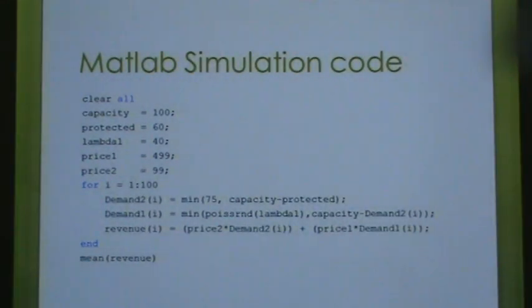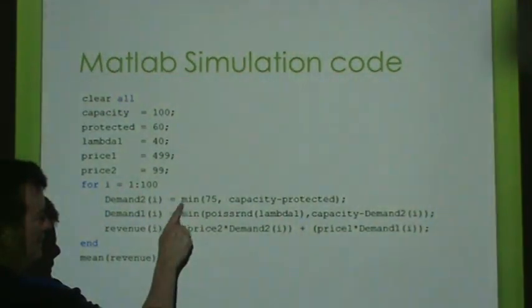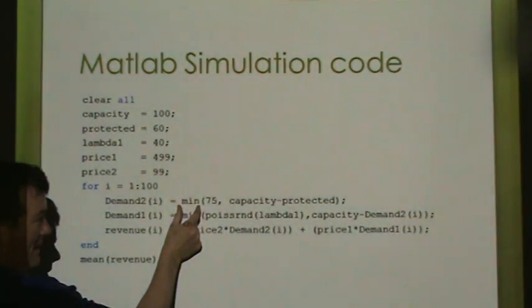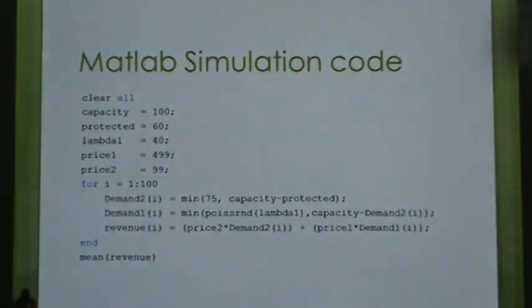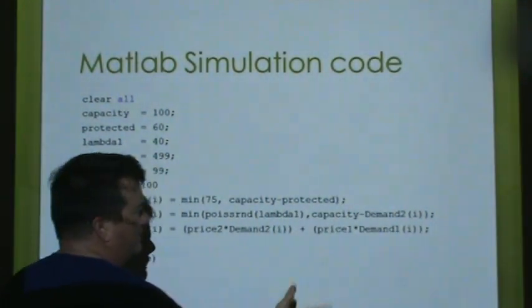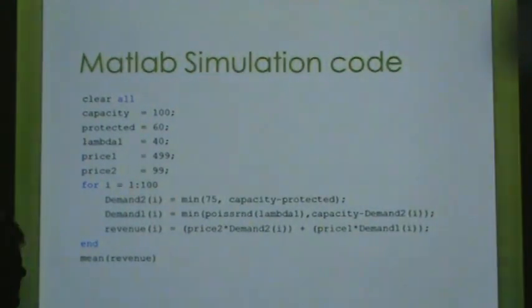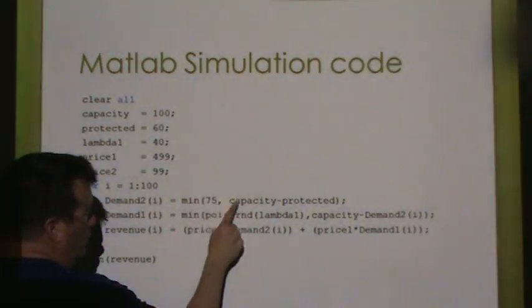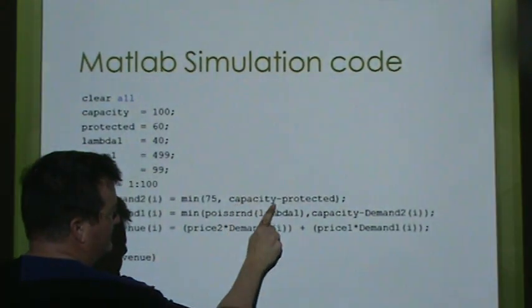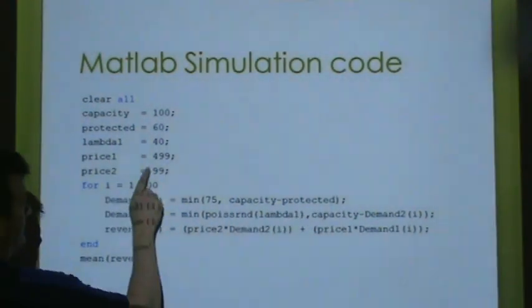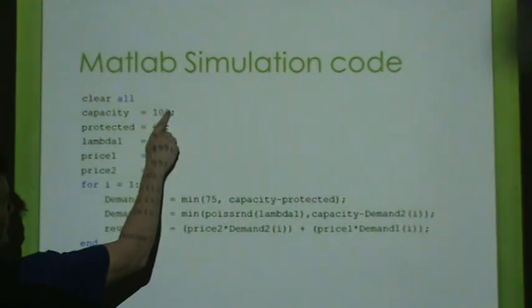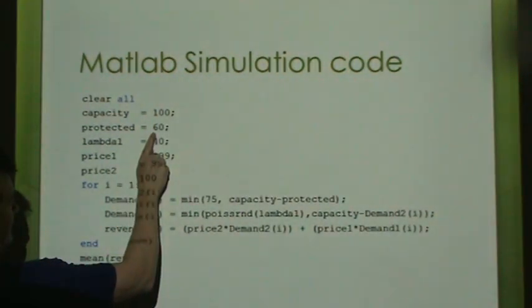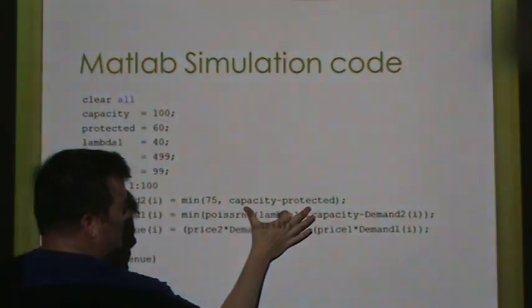Demand 2 is going to be the minimum, so we're going to use the MATLAB function min, which can take an array of numbers and just tells you what the smallest one is. So we're going to take the minimum of 75, or the capacity minus the protected. So capacity is 100 minus protected, which is 60. So this is going to be 40.